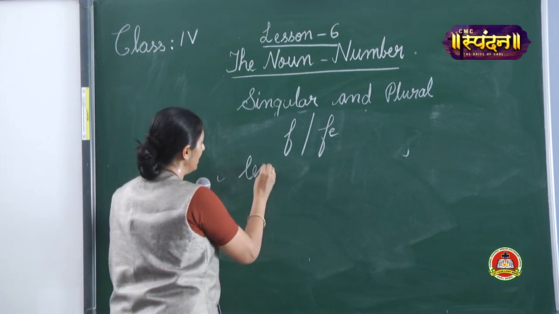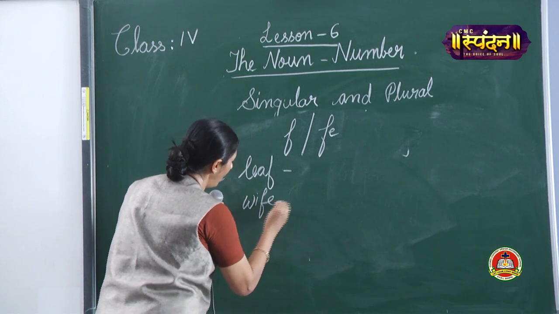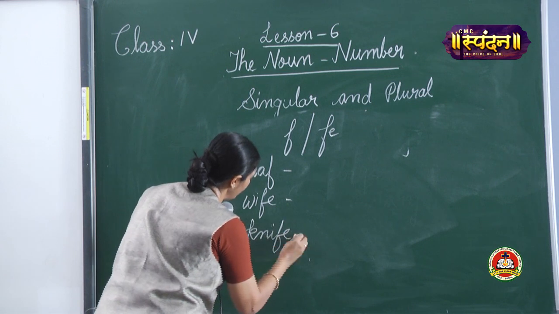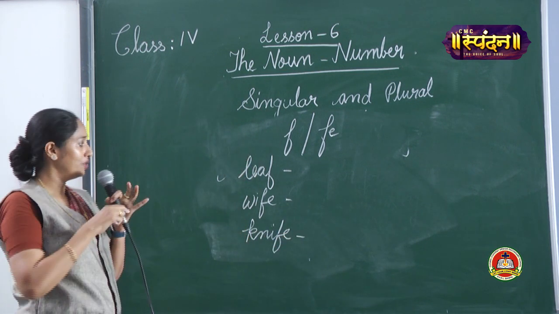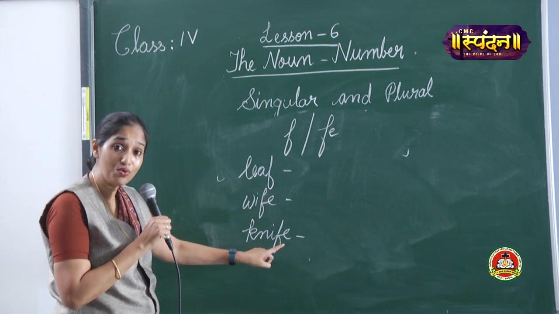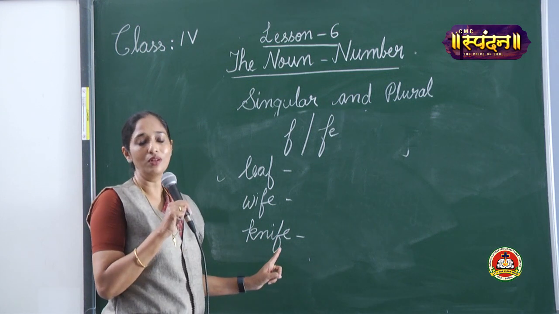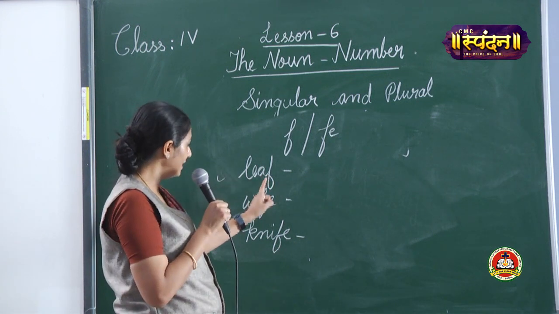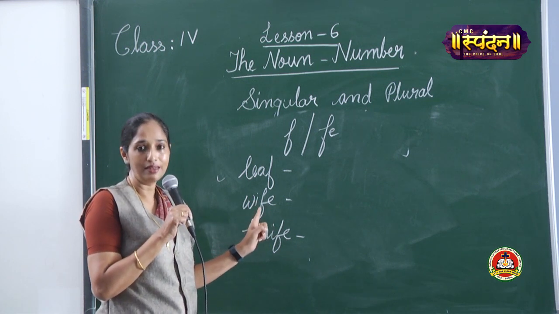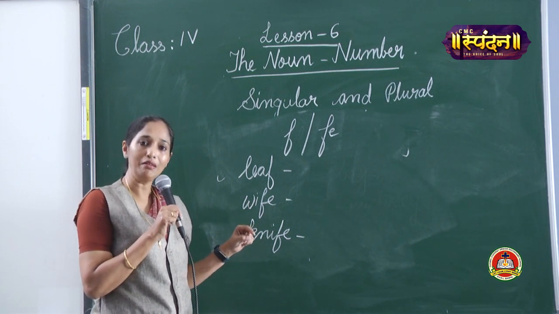Some examples: leaf, wife, knife, etc. So here is one word that ends in f, and I have written two nouns that end in fe. Now what's the rule? We remove this f and fe and we replace that with ves to form the plural.